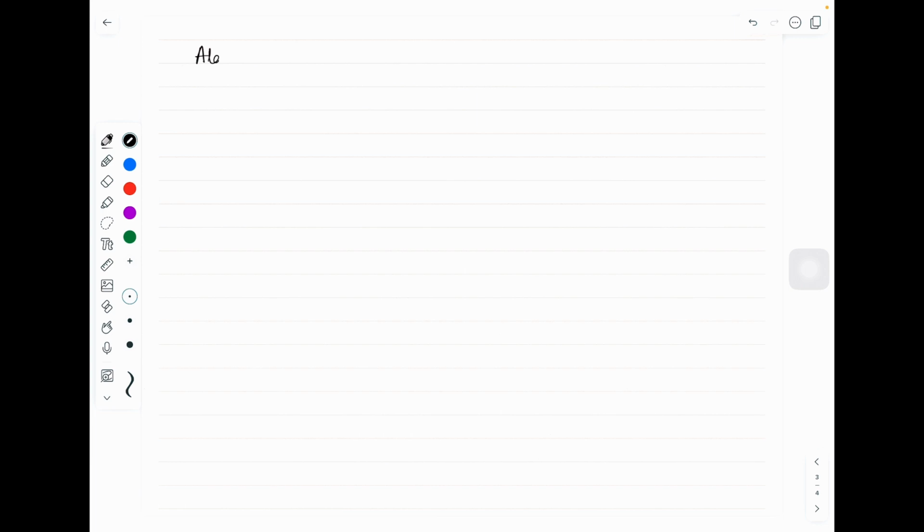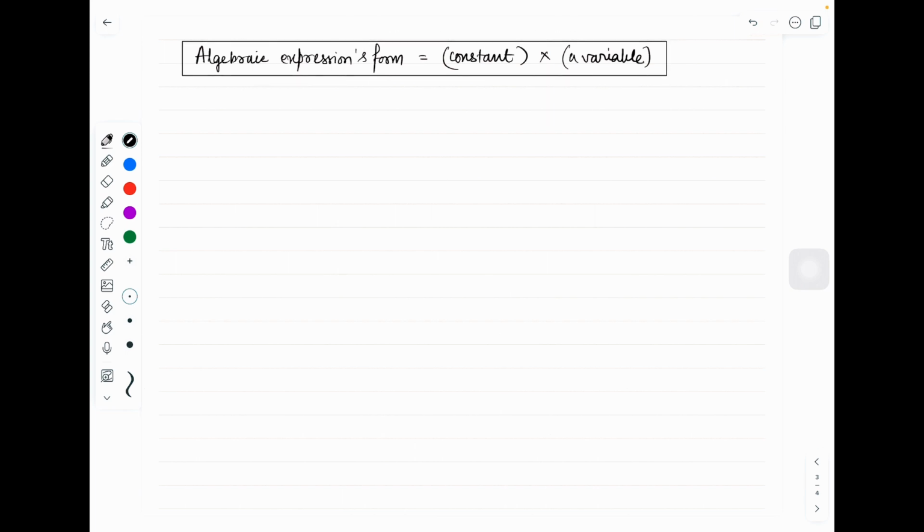The algebraic expression form is constant into a variable.